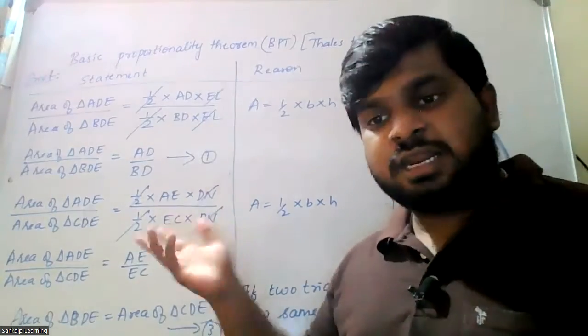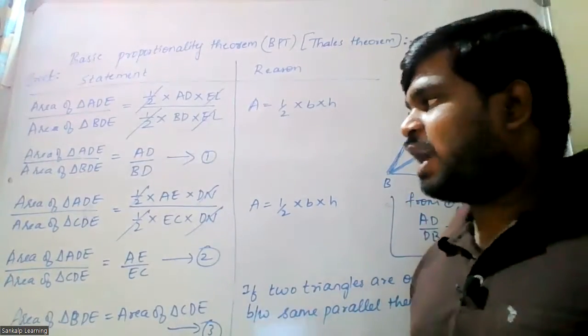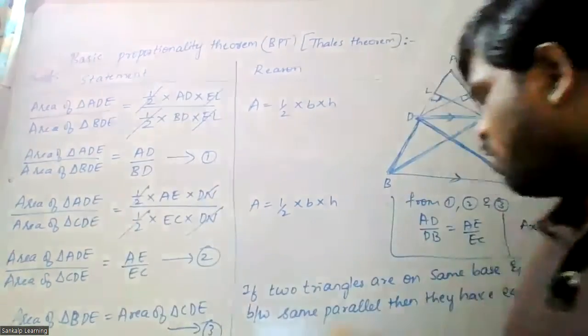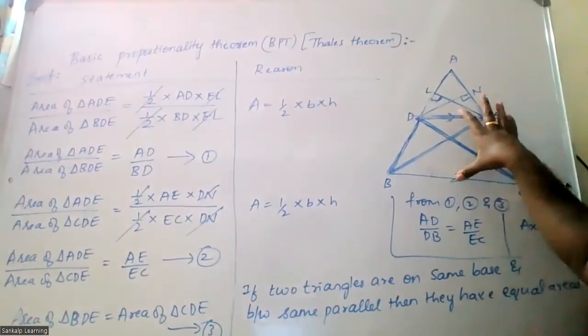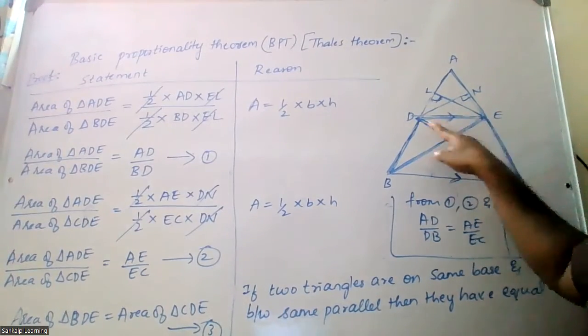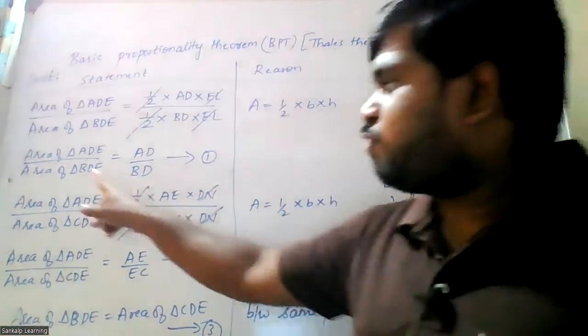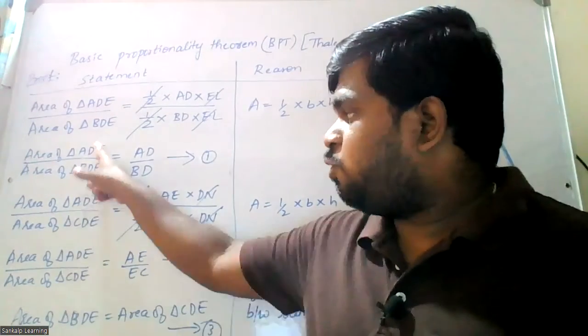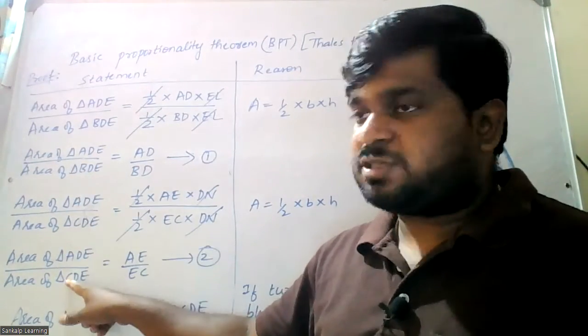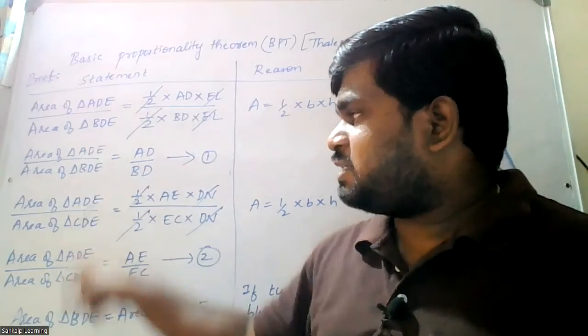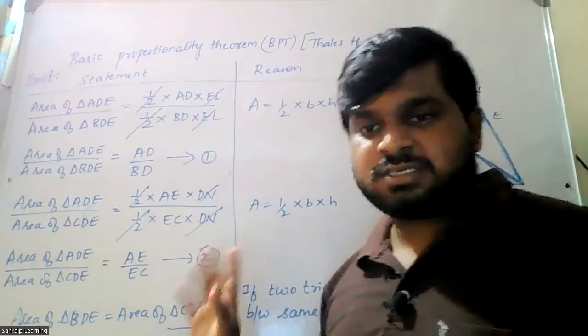But actually, the denominators are also equal. How did we prove that? Because both these triangles have the same base and they are between the same parallels. Therefore, they are equal in area, so the denominators become equal. Numerator is equal, denominator is also equal. Therefore, this LHS is equal, and therefore I can tell the RHS is equal.